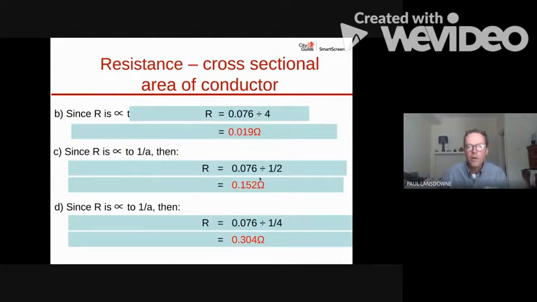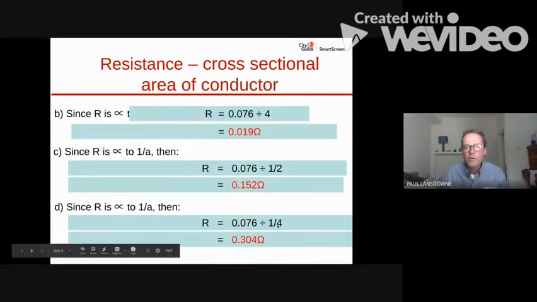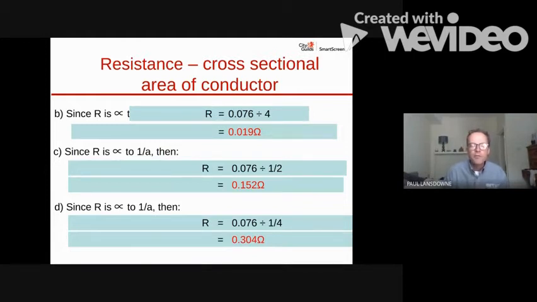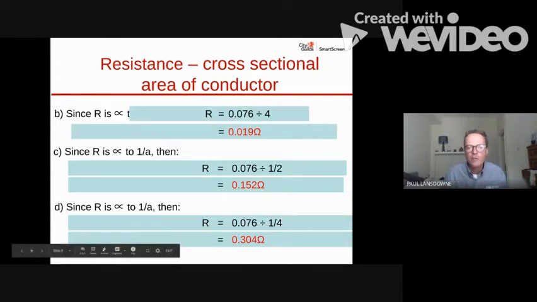So we divide the area by half, and we're literally doubling the resistance. The same goes if we have 1/4 of the size: we're making the resistance go up. So it's inversely proportional. If we have a bigger, fatter cable, our resistance goes down, and if we have a thinner cable, our resistance goes up.